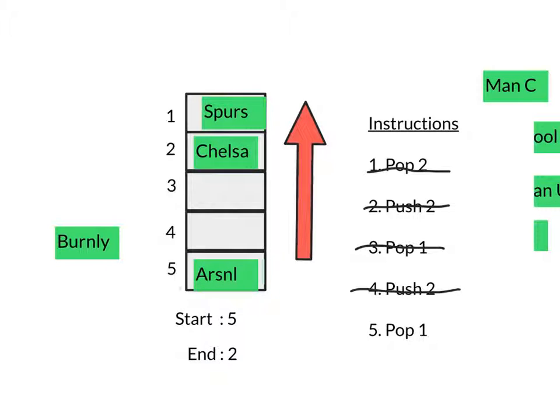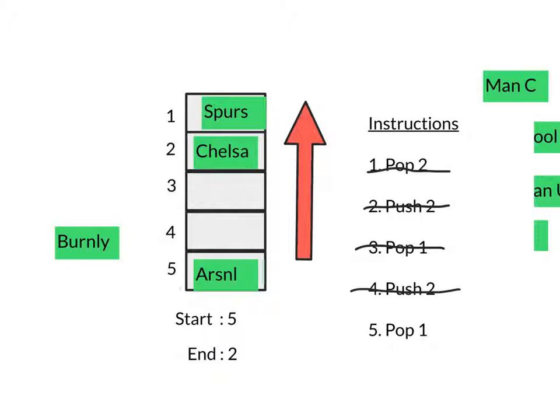So guys, a few quick points about circular queues, okay? They have start and end numbers on them. That's the only difference between these and a normal queue, okay?